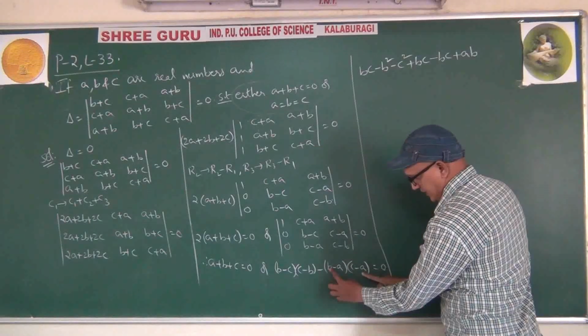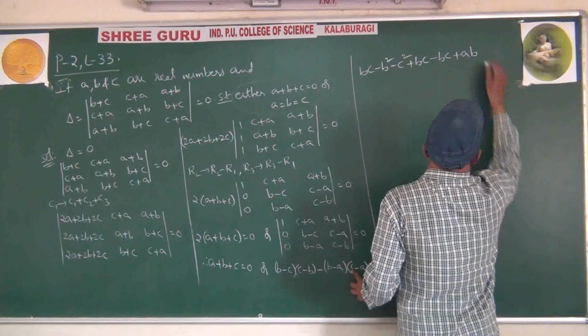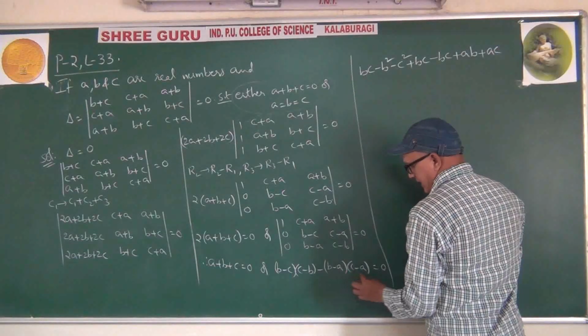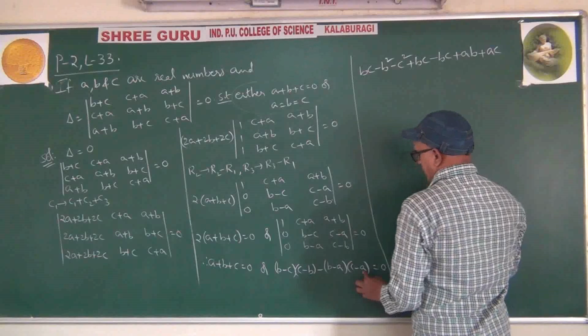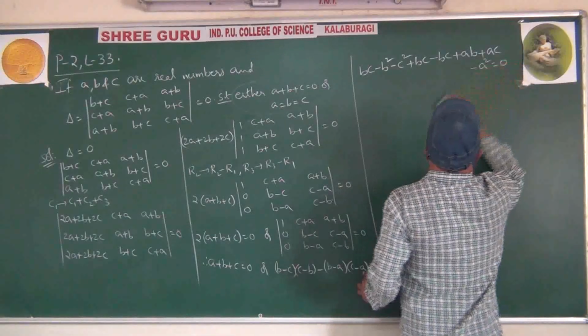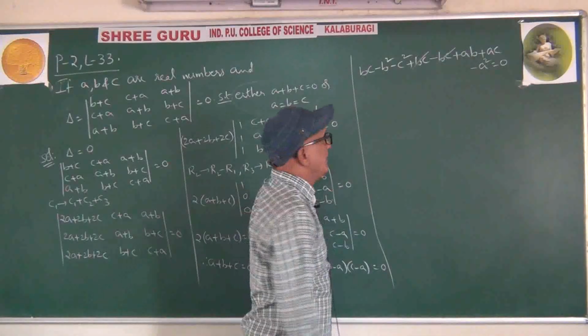Minus b into minus a plus ab. Minus into minus plus a into c plus ac. Minus into minus plus a into minus a, minus a square, equal to 0. Plus bc minus bc cancel.